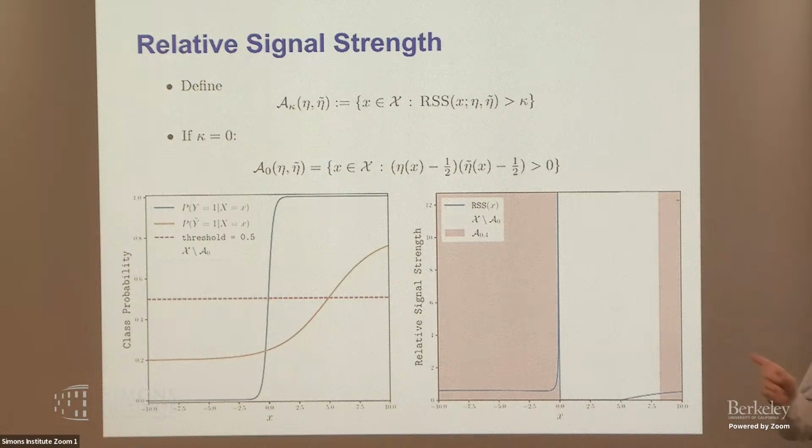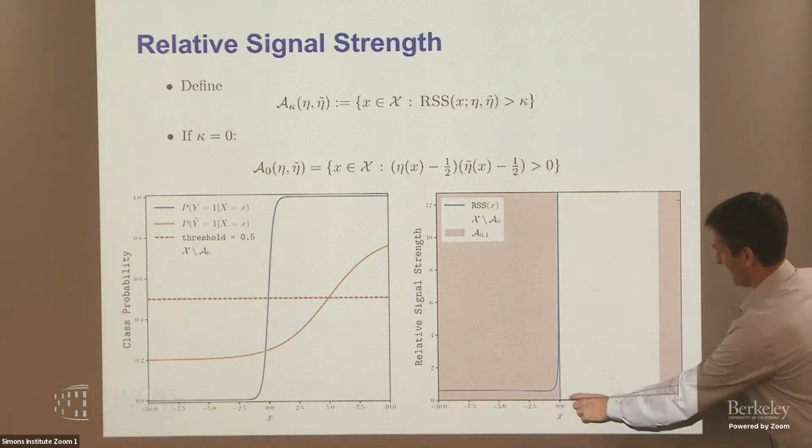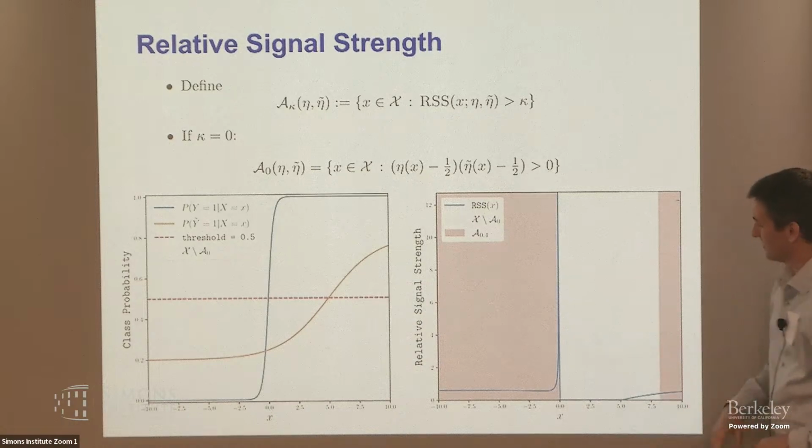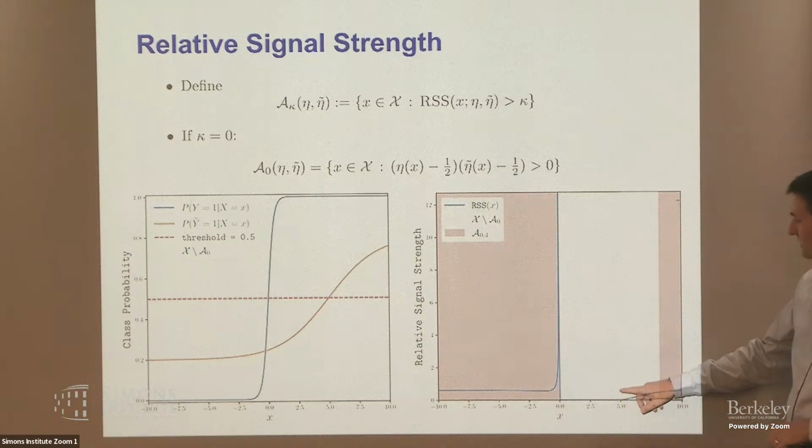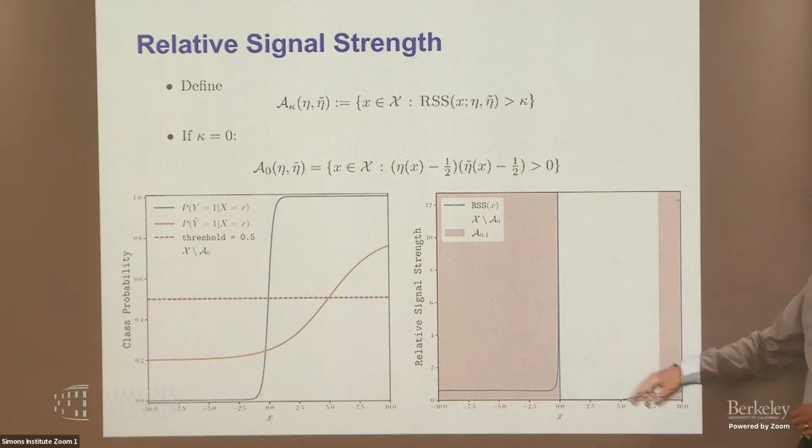Okay, it's showing up on the two monitors on the side. So you can see this band right here. This is the region A0 where the clean and noisy Bayes classifiers disagree.